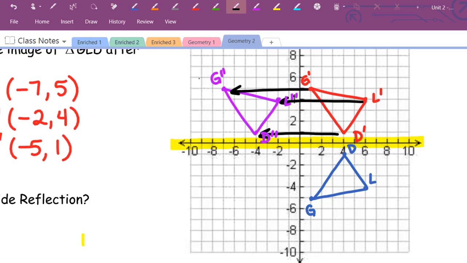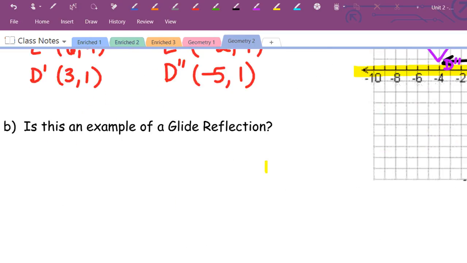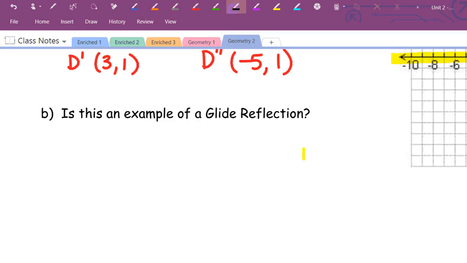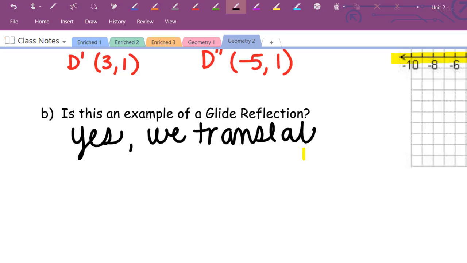Perfect. If they're parallel, you have a glide reflection. Were these parallel? Yes or no? Do they have the same slope? Sure. So, if it asks, is this a glide reflection? You say yes. And there's a bunch of reasons that we could give, but we translate along. Now, let's do G prime to G double prime.